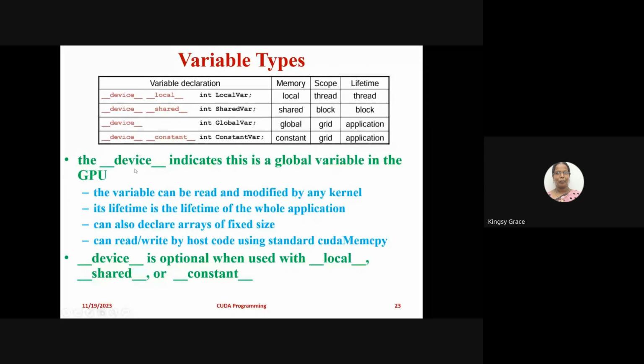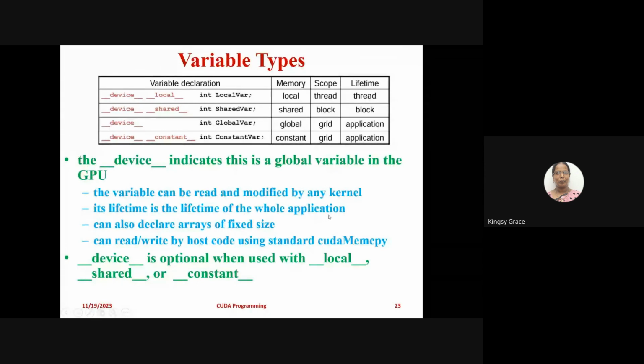If you use the device keyword, double underscore device double underscore, this means it is a global variable in the GPU. Any variable that has the device keyword before it, you can say this. If it is a global, then it can be read and modified by any kernel.